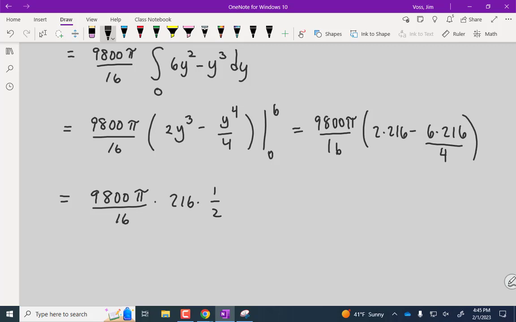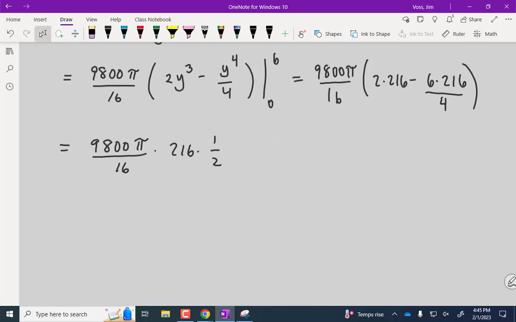And so we've got that. That's not divisible by 16, unfortunately. About 32. All right, so then we just have to plug it in.